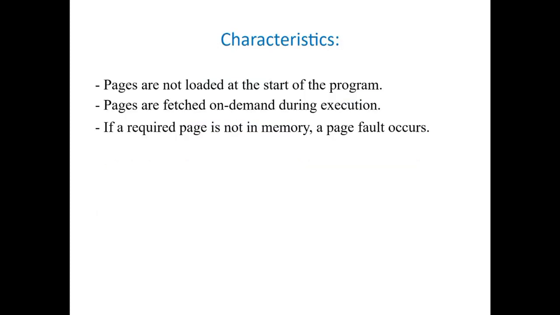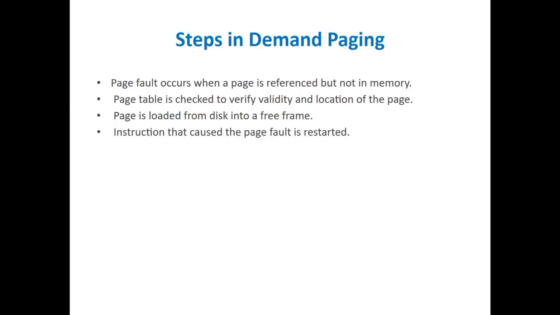There are some characteristics. Pages are not loaded at the start of the program. Pages are fetched on demand during execution. If a required page is not in memory, a page fault occurs. Steps in demand paging: a page fault occurs when a page is referenced but not in memory.